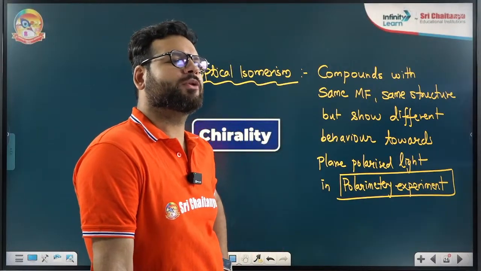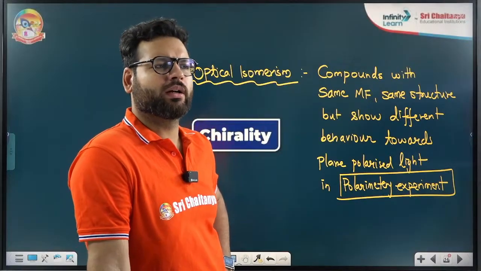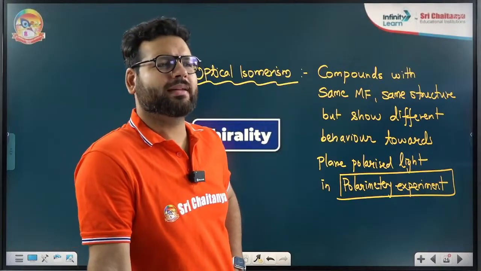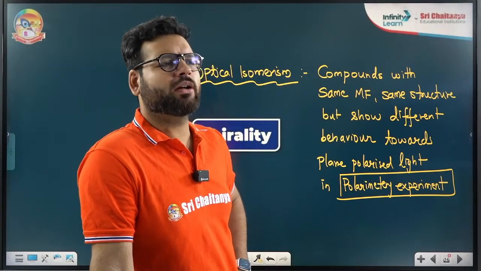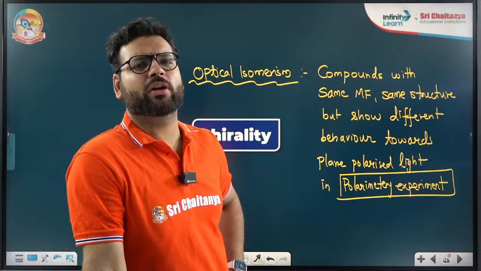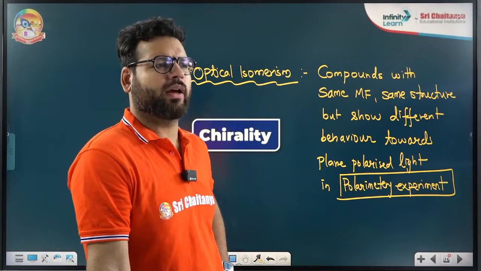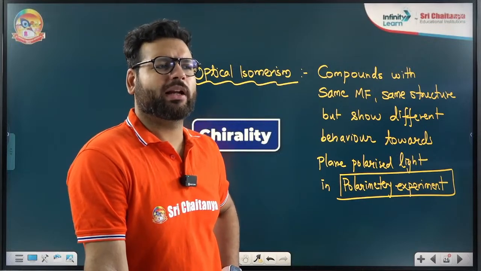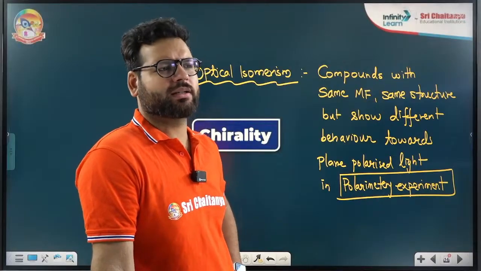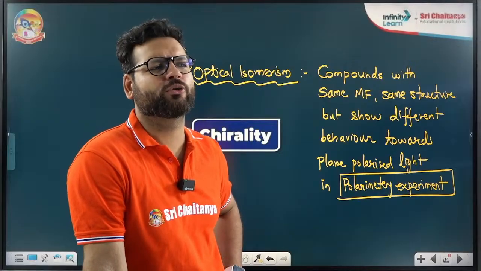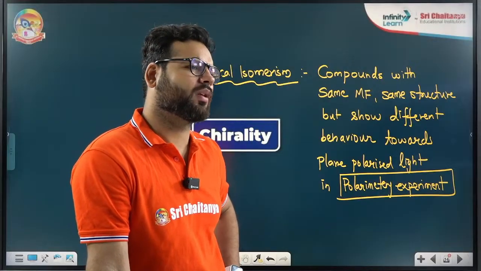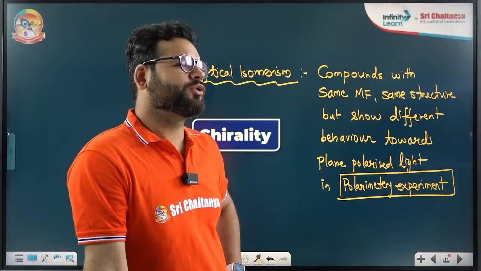But one cannot be superimposed on the other. Niharika, what you are trying to say is not exactly true; it is only valid for enantiomers. Optical isomerism occurs when substances have the same molecular formula, same structural formula, but one cannot be superimposed on the other.